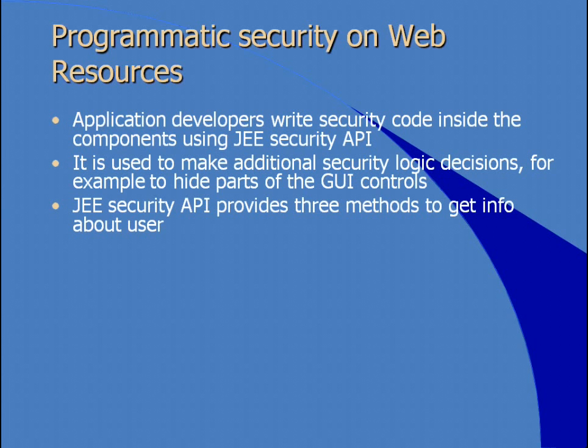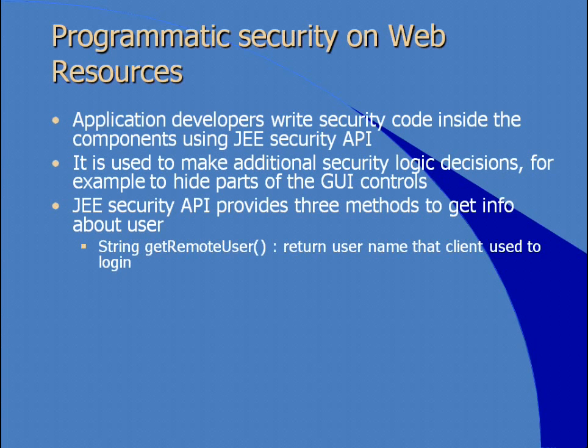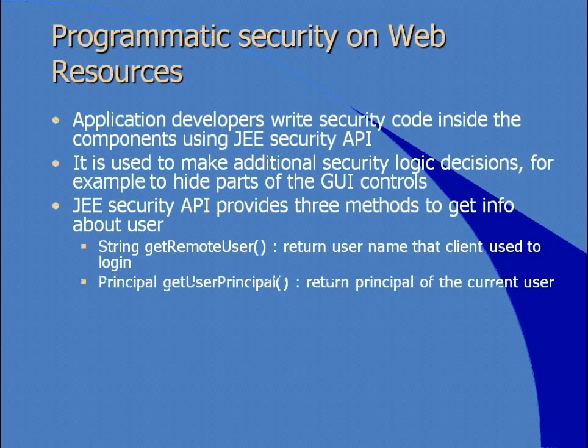The JEE Security API gives us a number of methods, but three particularly interesting security methods to get information about a user. There's getRemoteUser, which returns the username, whatever the client used in order to log in. This returns a string. There's getUserPrincipal, which returns a principal object, which we can interrogate with methods using the principal API.